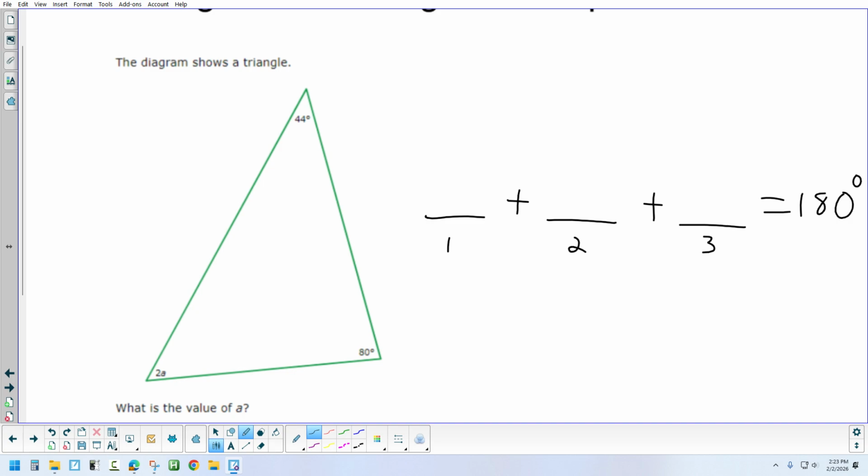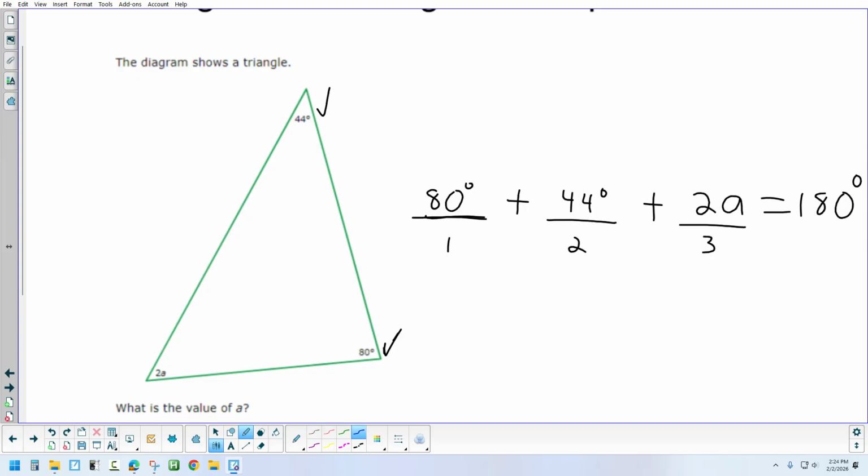So what is one of the angles in our triangle? 80. Okay, so we did that one. Now you can't use 80 again. What's another angle? 44. Okay, so we got that one. And the third one? 2a. So this one we're going to be solving for a. So what we want to do is combine like terms.